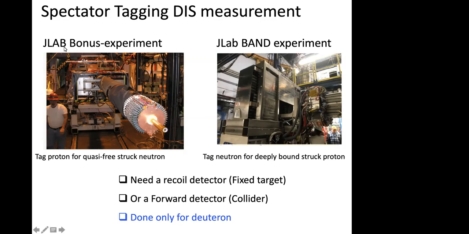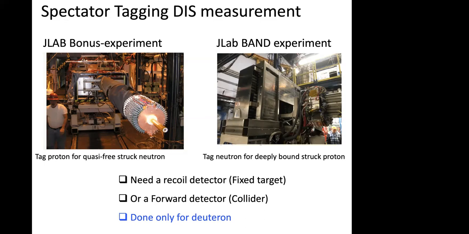For example, for the JLab BONuS experiment, they tag the proton for the quasi-free neutron, so they want to extract the ratio F2n over F2p. And for BAND, on the other hand, they tag the neutron with high recoil momentum, so they can study the EMC effect of the deeply bound struck proton.